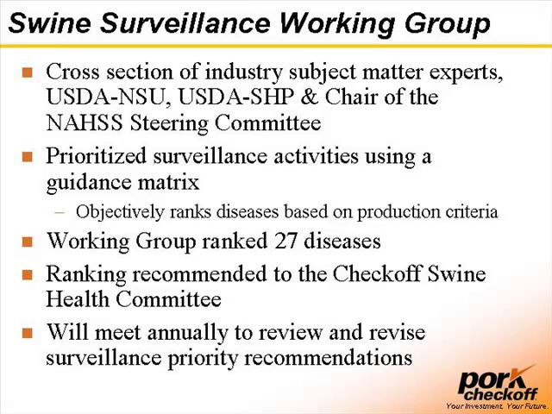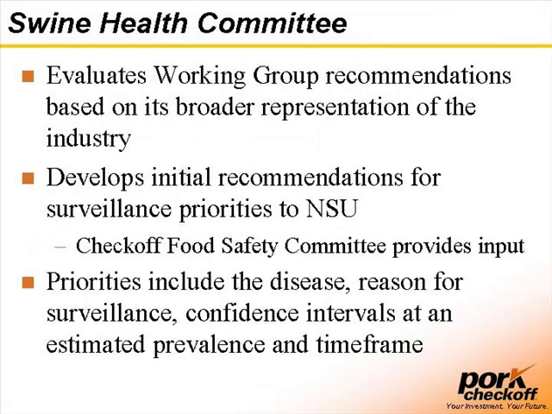So this is the summary slide that kind of sums up what we had done to date prior to when life changed in 2009. We developed a swine surveillance working group. They've met, I believe, at least twice, if not 3 times, and they've prioritized diseases. They've looked at providing a pathway analysis for the Swine Health Committee, the Checkoff Swine Health Committee, to review.